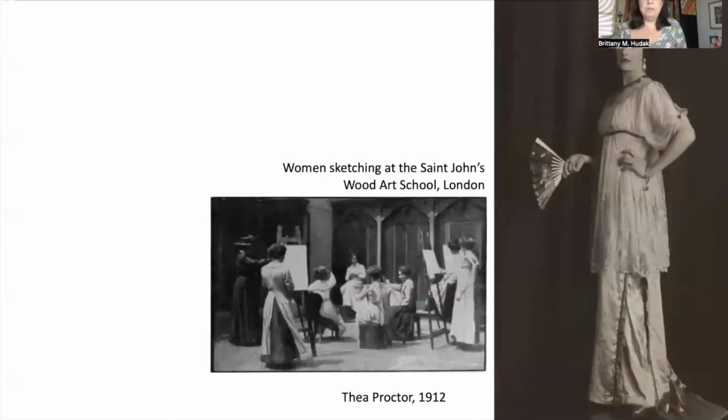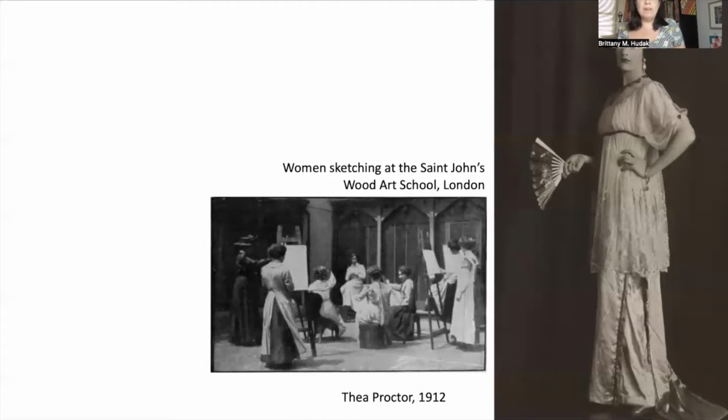But in 1903, like many of the young artists of means working in Sydney, Proctor set sail to London with her mother to continue her art studies. I cannot stress enough the privilege necessary to undertake such a voyage. But I will say that they were solidly middle class. They were not wealthy people.